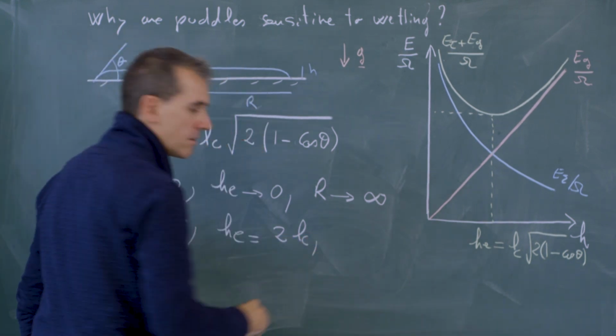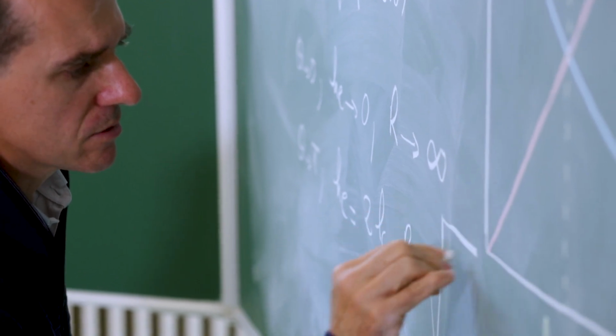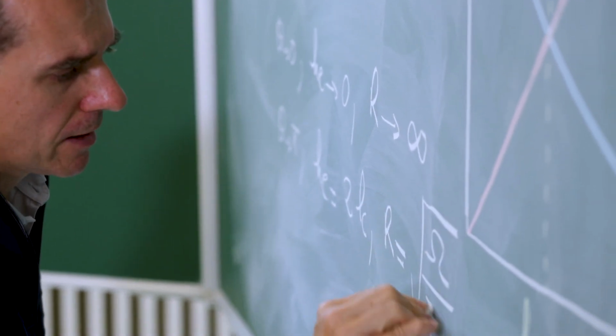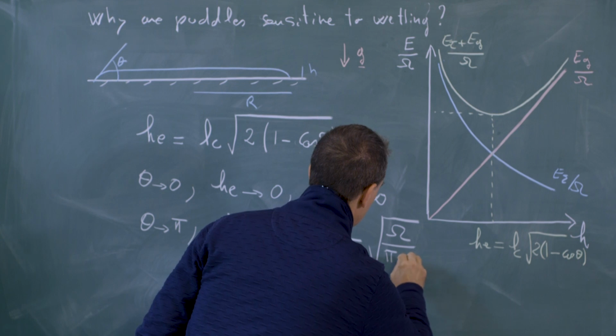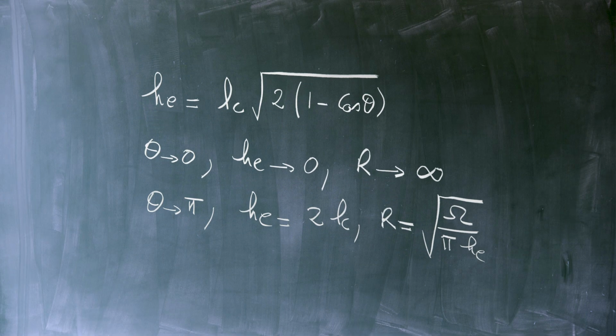And then the extension of the puddle will go like square root of the volume divided by pi times He. And this is our conclusion for the sensitivity of puddles, which are indeed dominated by gravity, but sensitive to wetting via this small connecting region.